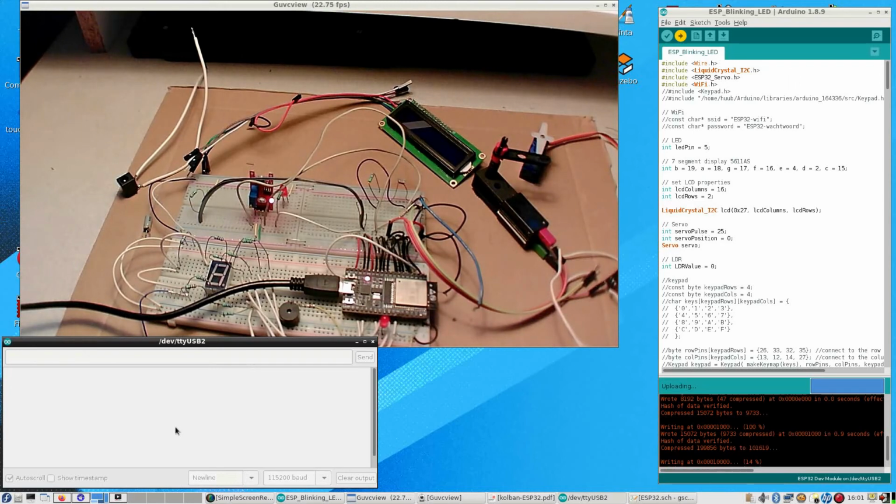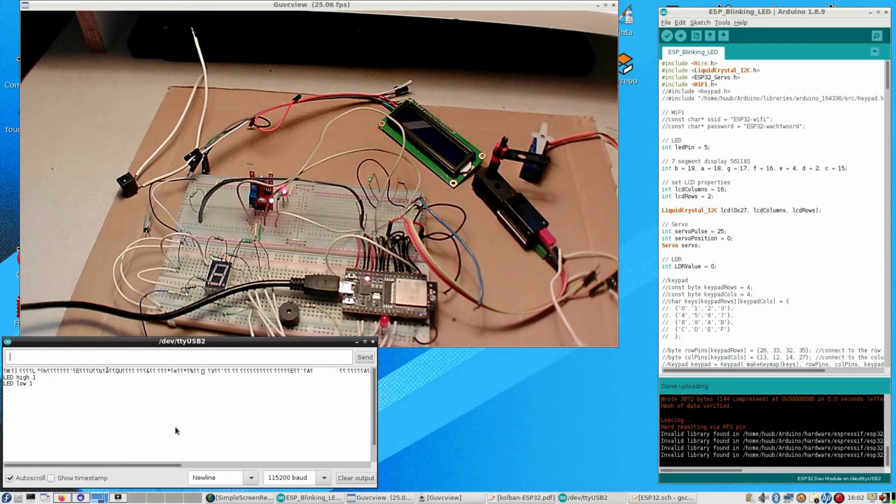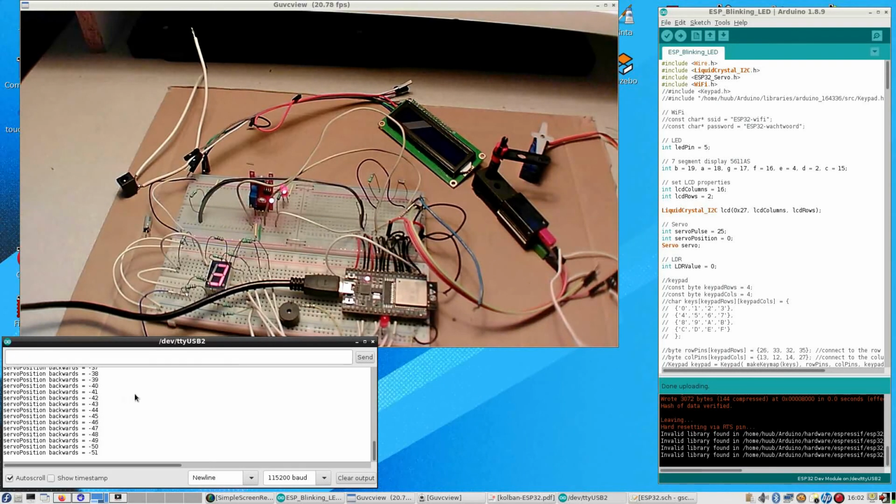And with the Wi-Fi disconnected or disabled actually, it should do nice. And there you go. So yes, it still works. And I'm afraid it will have to do for now.